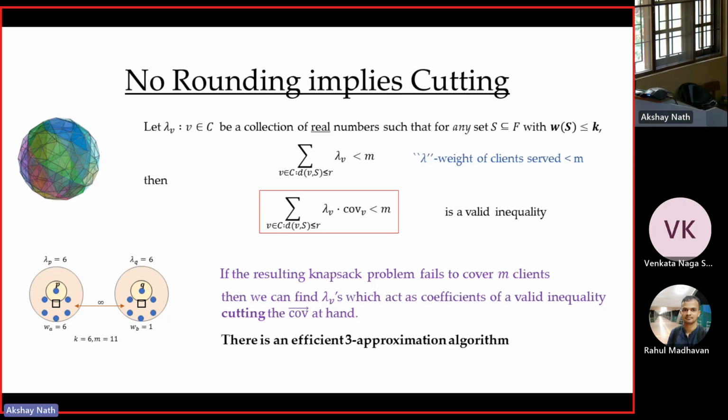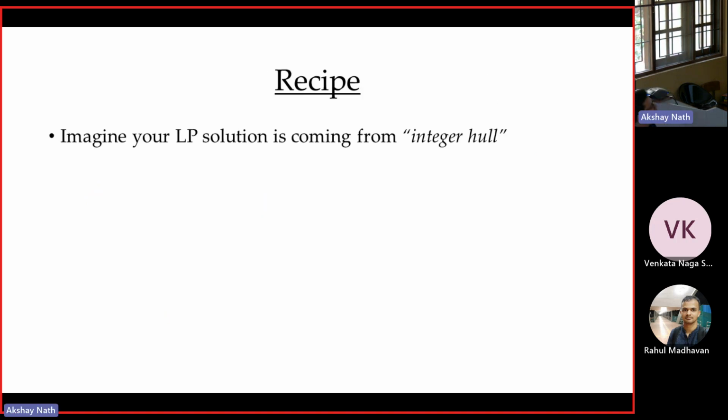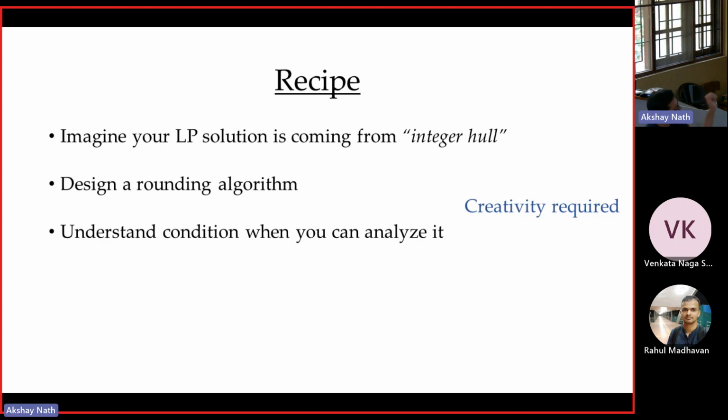So this is unarguably fast, right? But the idea is that you try to round, right? And maybe the mantra, maybe the recipe is this. You have a rounding algorithm. You imagine that your solution that the LP is giving you comes from the integer hull. And you design the rounding algorithm, and then you understand when it fails.